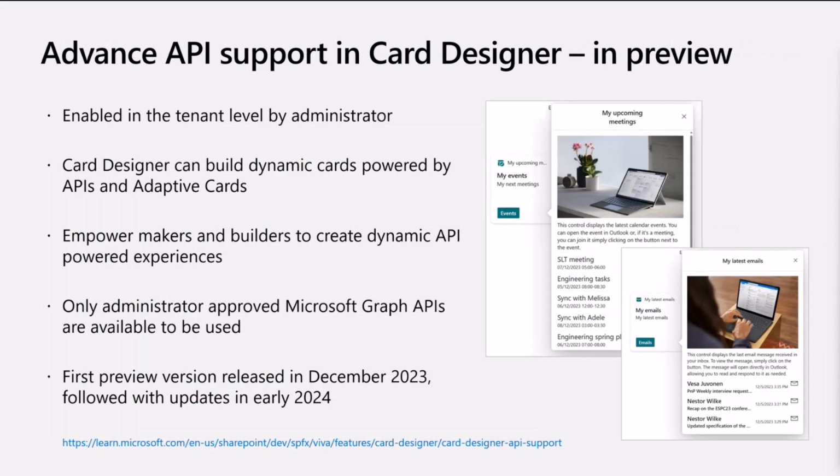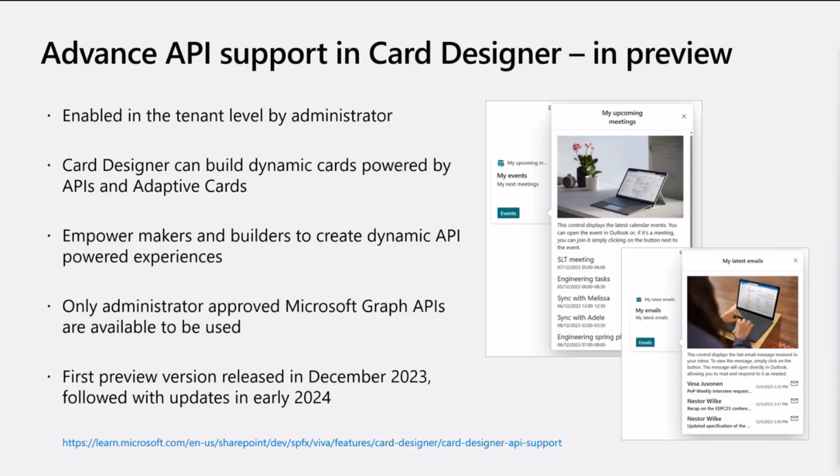And then the advanced API support here means the following. If you enable the setting at the tenant level, and I'll show you this step by step today, the tenant administrator needs to enable the feature. After that, it will enable the card designer to have an option of hitting APIs. That means you are able to build simple cards which are dynamic.